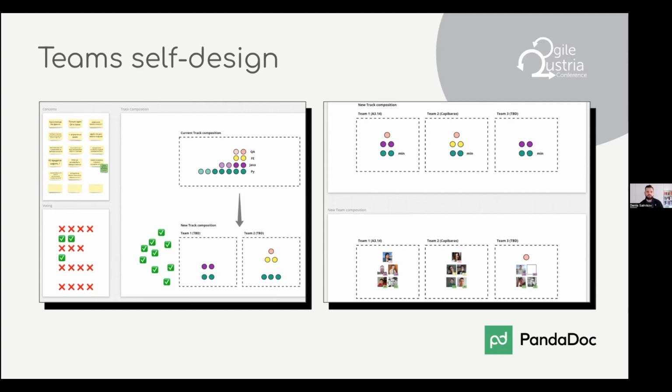And here on the left, you can see on the top the overall track composition, and on the bottom those constraints which the managers were suggesting for the teams. So as you can see here as well, on the left, we first of all tried to collect all the concerns people had about this change and about the suggested structure, and we spent quite some time answering those concerns and clarifying them.